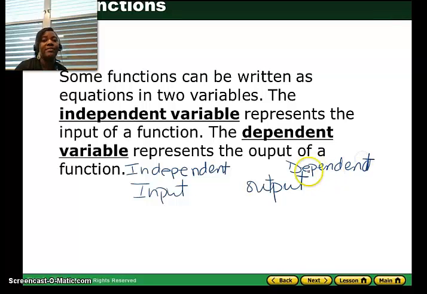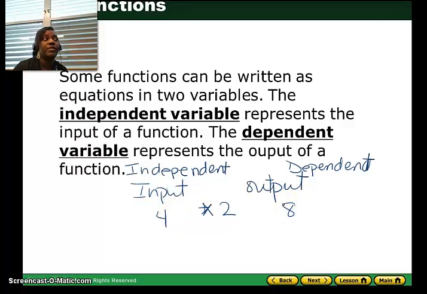One way to remember it is that the output depends on the input. It doesn't matter what number we put in, but the output depends on what type of number we put in. So for example, if my rule is times 2 and I plug in 4, my output will depend on what I put in, so that'll give me 8.